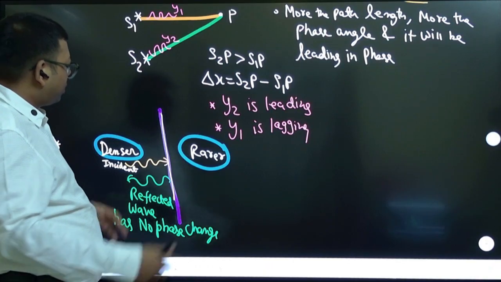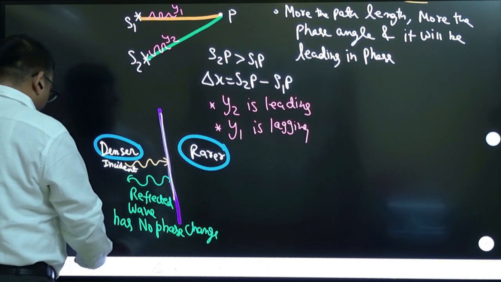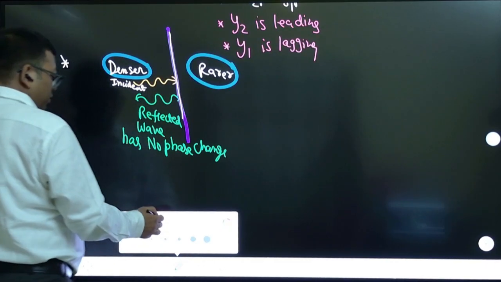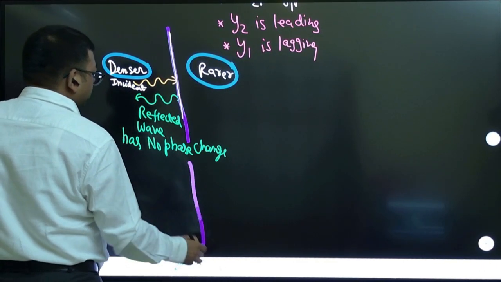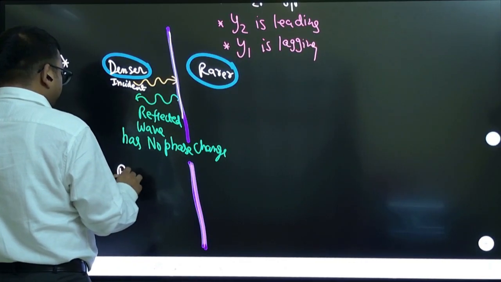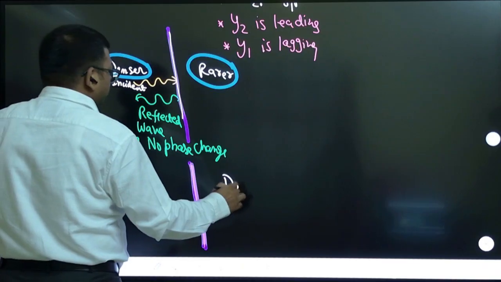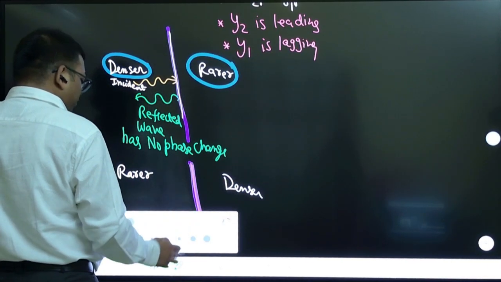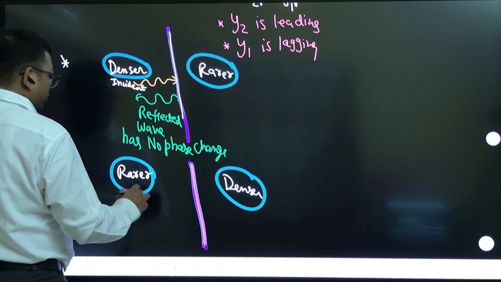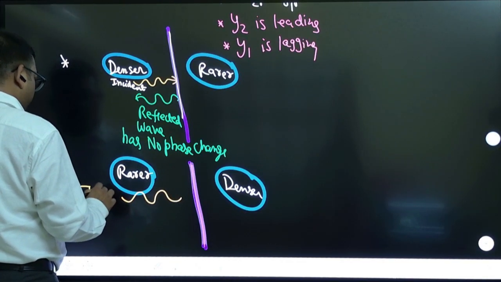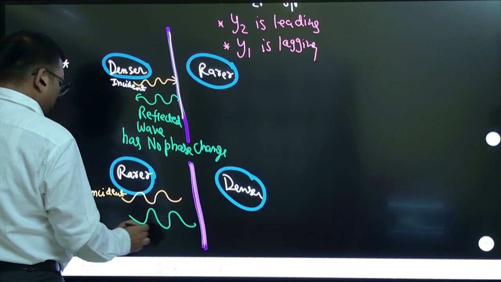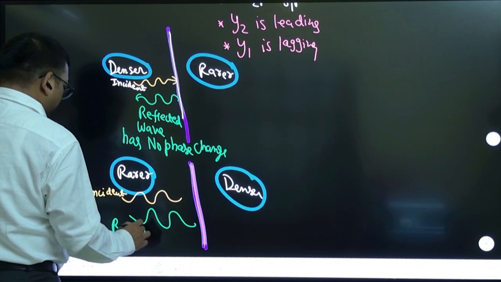But if the reverse happens, then there will be a phase change. Suppose this is the boundary, this side is rarer and this side is denser, so the wave is going from rarer to denser. This is the incident wave and this is the reflected wave.